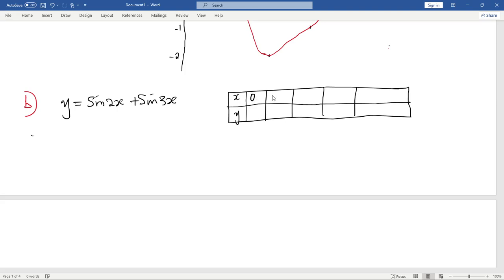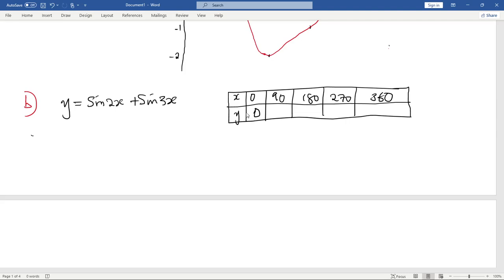So we have our 0 here, 90, 180, 270, and 360, like this. Then we start substituting the values of x into what we have. So we know that 2 by 0 here, we're going to get a 0. So sine 0 is a 0, and sine 0 here is 0. So when x is 0, y is 0 here.